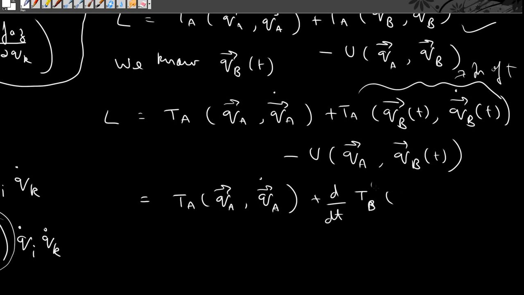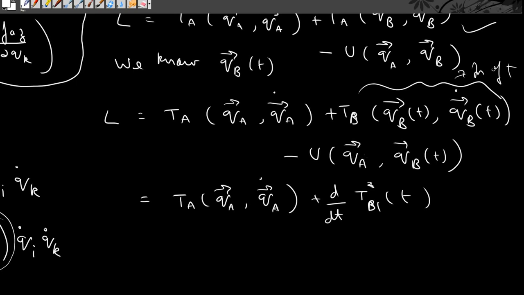I will call it TB1, not TB dash, since it will get confused with differentiating. So this TB is going to be a function of t alone.